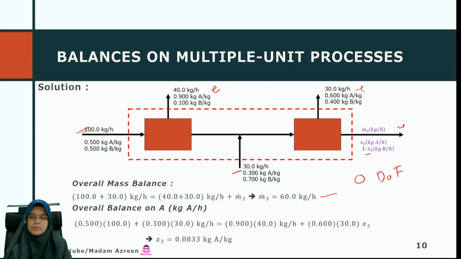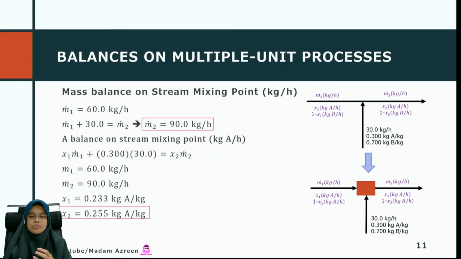And then we solve at the mixing point. At this mixing point, we already know what our M1 is. We do a balance here, so I just want to show you that this one and this one, you can convert it into this one. If you get confused by this symbol, you can convert it into this one. It's exactly the same.